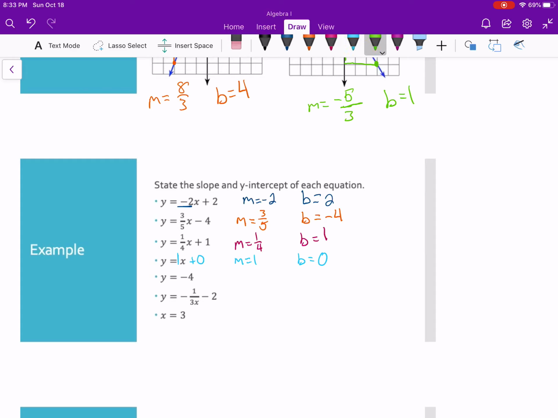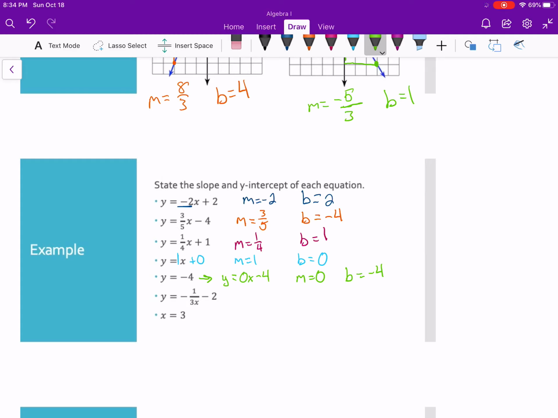On the next one, notice that we don't even have an x. So that means the x is gone, and what number can we multiply by an x to make it go away? Well, that's 0. So this is saying the same thing as y equals 0x minus 4. That gives us a slope of 0 and a y-intercept of -4.